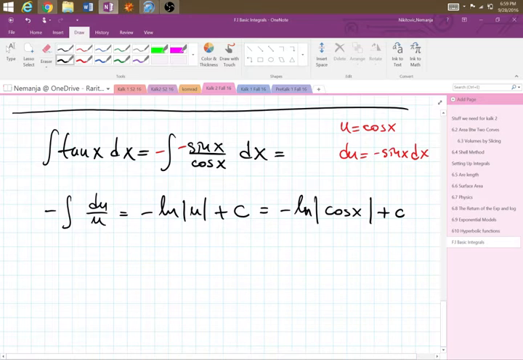Should we leave it like this? And the answer is hell no. What are the trigonometric pairs for calculus? Sine and cosine? Tangent and secant. Because the derivative of tangent is secant squared, the derivative of secant is secant tangent. The integral of secant squared is tangent, the integral of secant tangent is secant.